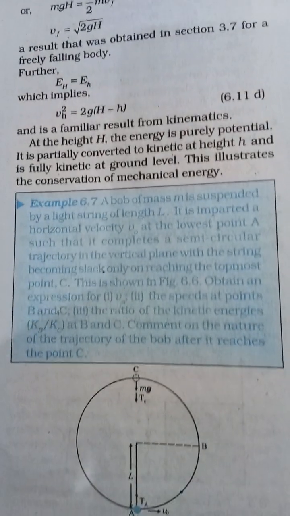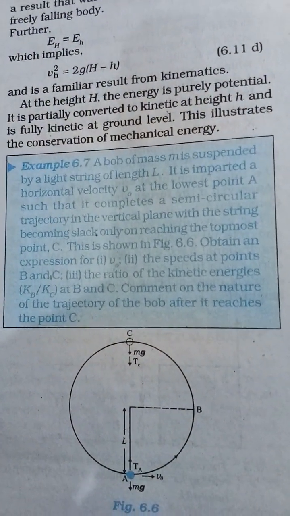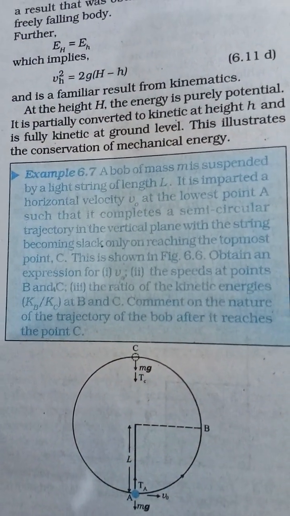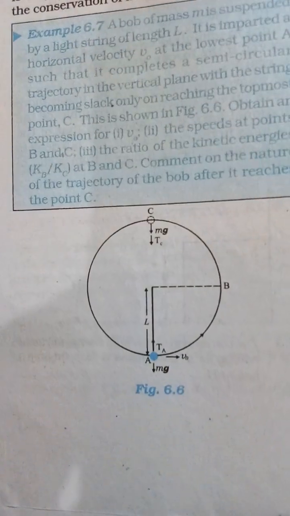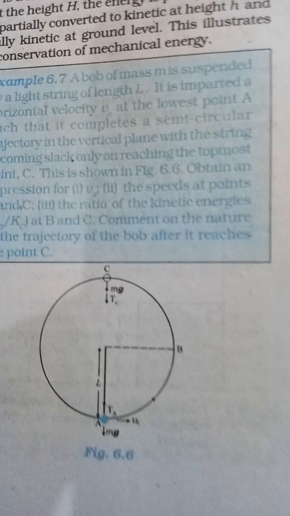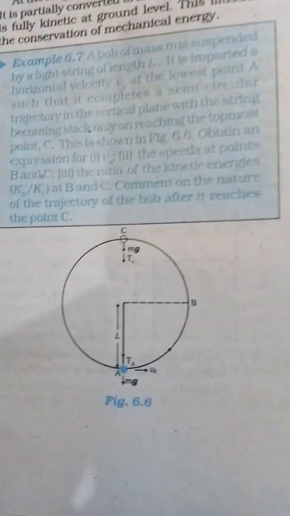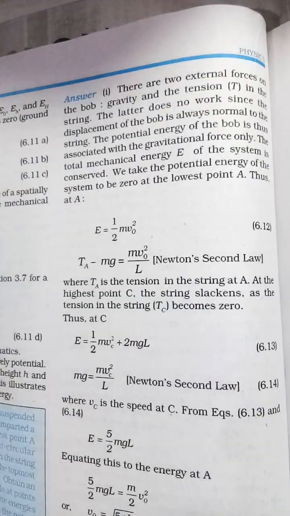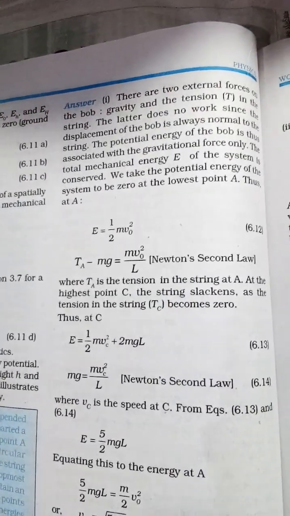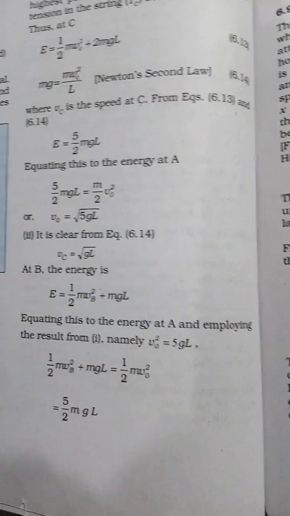And here is the example: a bob of mass m is suspended by a light string of length L, you will see here. With the help of this picture you can understand, and here is the solution. With the help of this solution you can understand the subject matter. I am trying to give the information regarding this, and the answer is here.